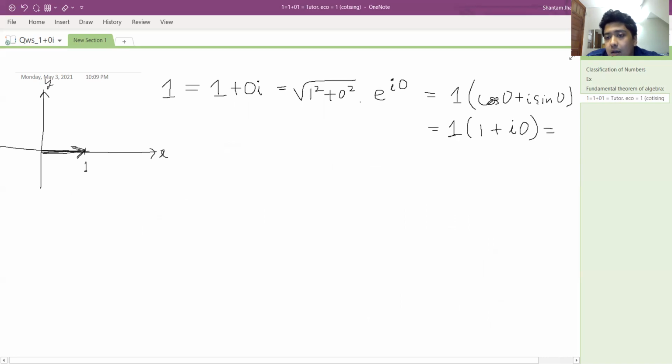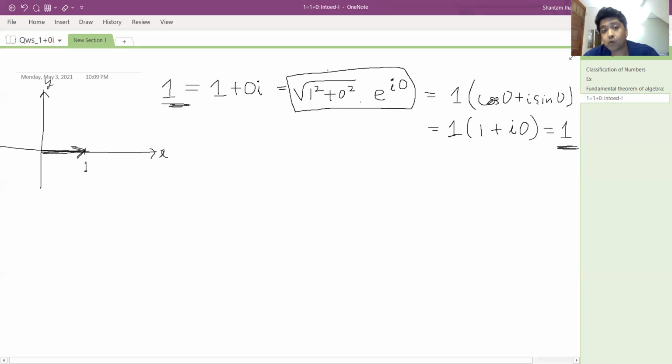So this is going to be, at the end of the day, 1. And 1 better equal 1. So we just went through the Cartesian and polar representations and showed that it's consistent. That is how I would represent 1 using the polar way: the square root of 1 squared plus 0 squared, which is 1, times e to the I0.